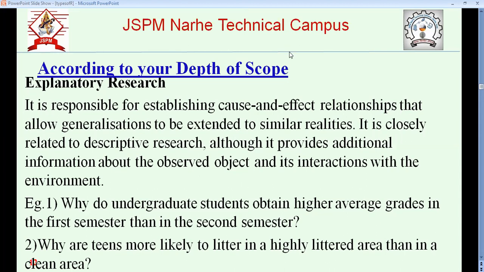They are even scared about whether they can sustain the degree or have to go back. So that's why it is called explanatory. The depth is further increased.